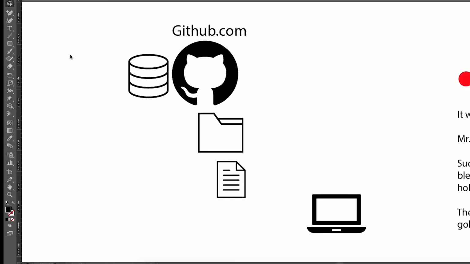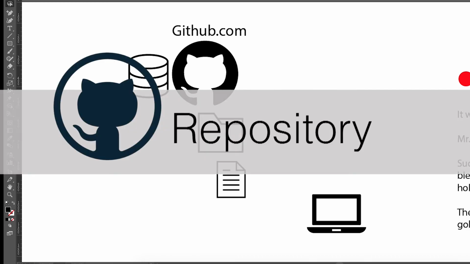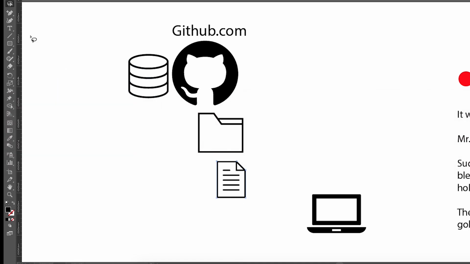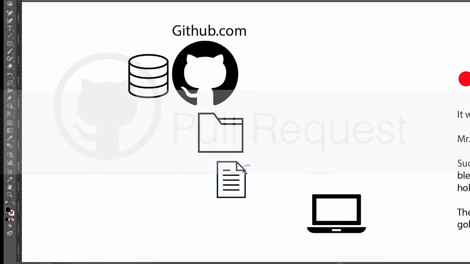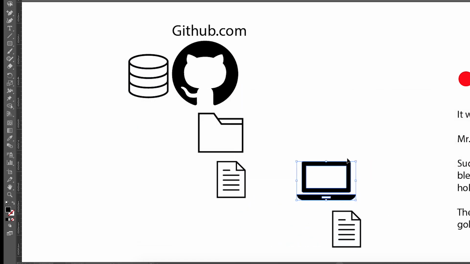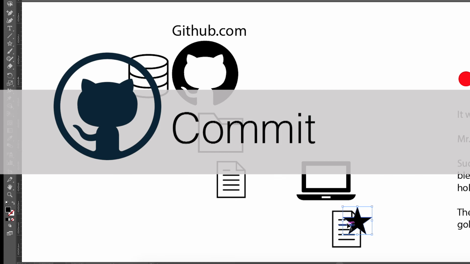All right, guys, so let's talk about how all of that corresponds to GitHub. GitHub has a repository that might have a file here. Then you, the user, take that file and do a pull request. The pull request would take your file and copy it to your computer. You can then make some changes to it. And when you save, you would create a commit.